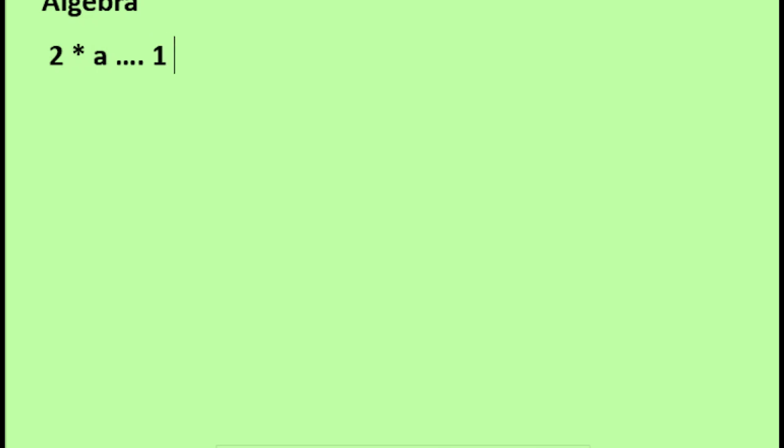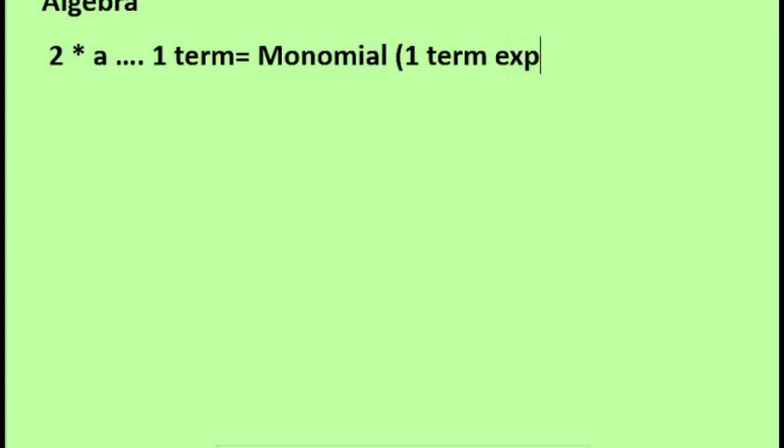When there is only 1 term, it's called a monomial. Monomial means a 1 term expression. a into b plus c into d.